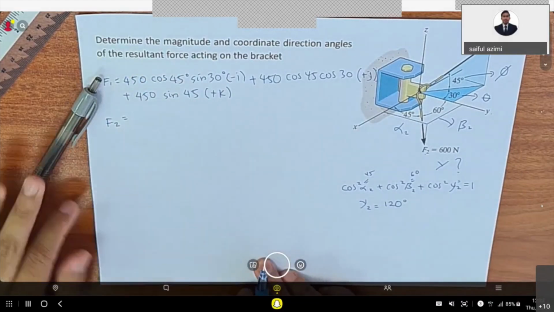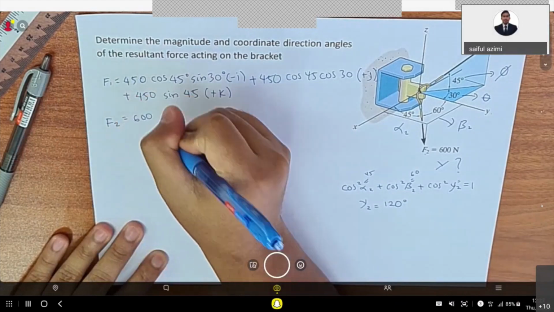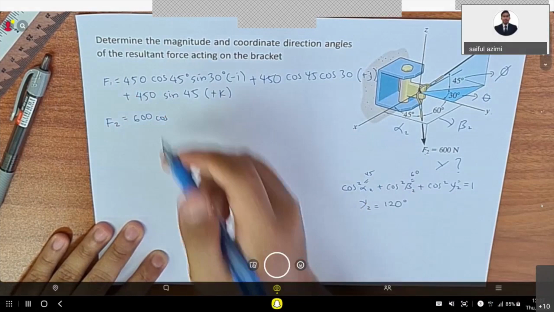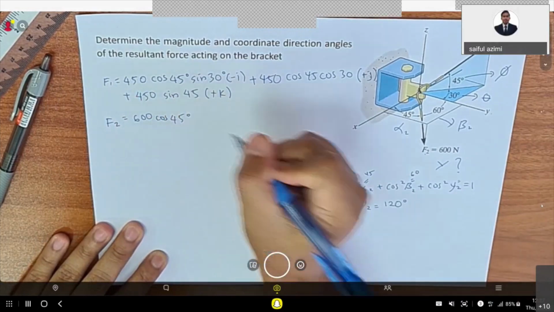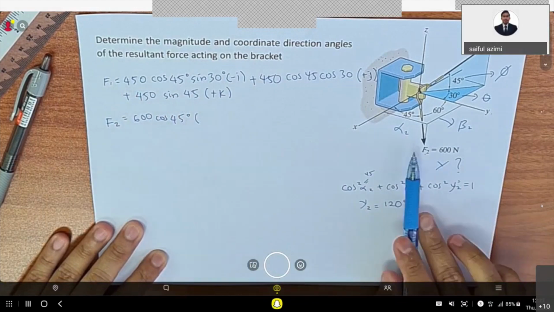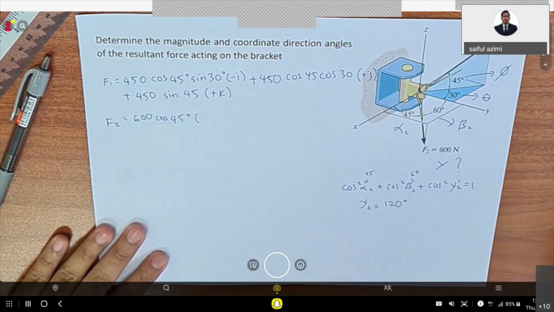So you can express F2 as 600 cos the alpha, which is 45 degree. What is the direction for the I? Positive or negative?